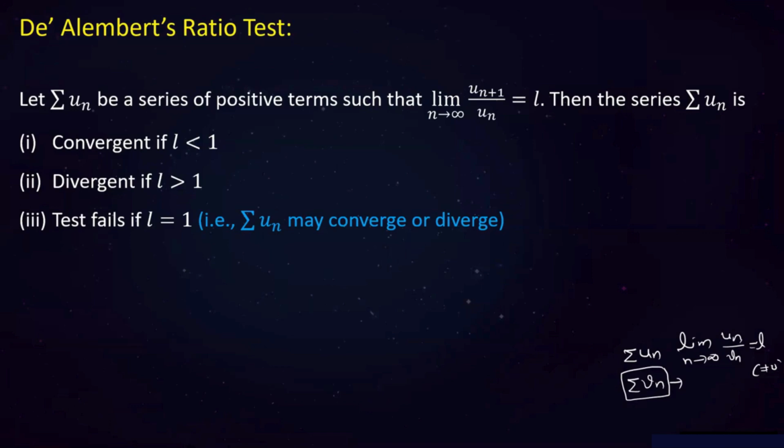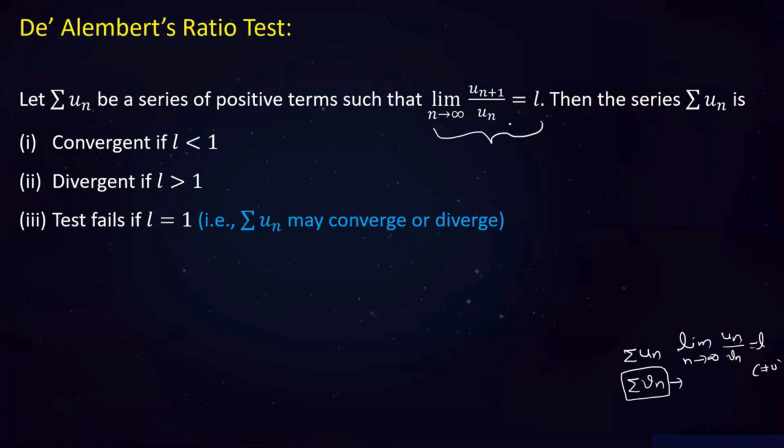And remember, the ratio test may not be usable in finding the convergence of every series. There are certain limitations. I'll come to that. But look at this. When you are given a series of positive terms, let us say summation un, you define a limit: limit n tends to infinity un plus 1 by un.